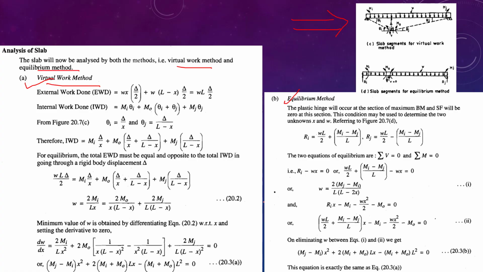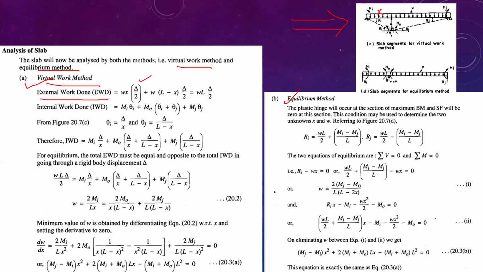So external work done, EWD, is equal to W into X. This X is a newly introduced term. We don't know exactly at what point the maximum positive bending moment will happen, so we take this distance as X. W into X will be the total load, and the work is W into X into delta by 2. Why delta by 2?